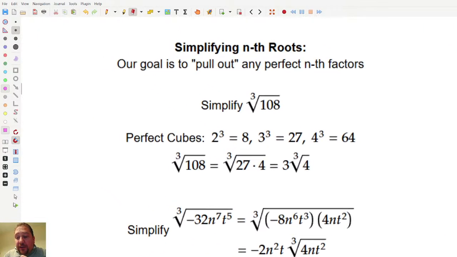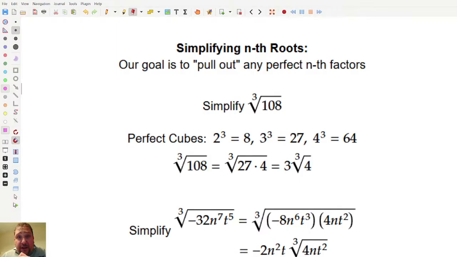Similar to simplifying square roots, we're going to simplify cube roots, fourth roots, or any root. So again, our goal, similar to square roots, is to pull out any perfect nth factors. What does that mean? Let's look at an example. Simplify the cube root of 108.